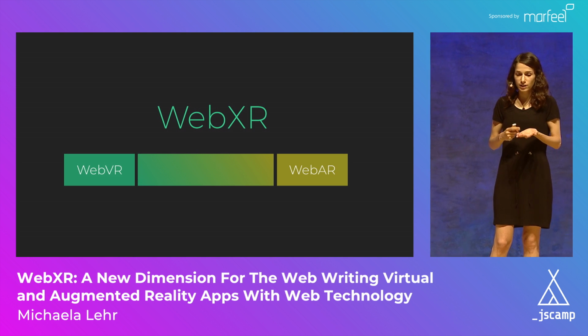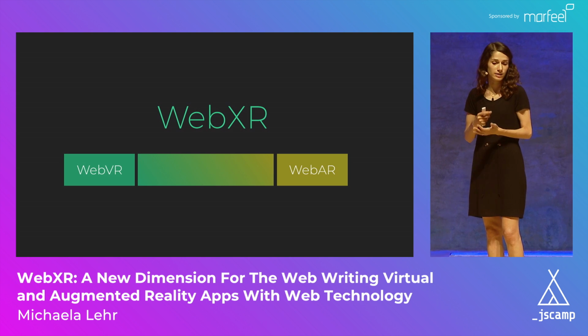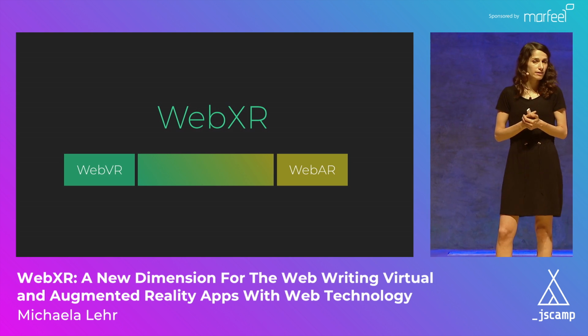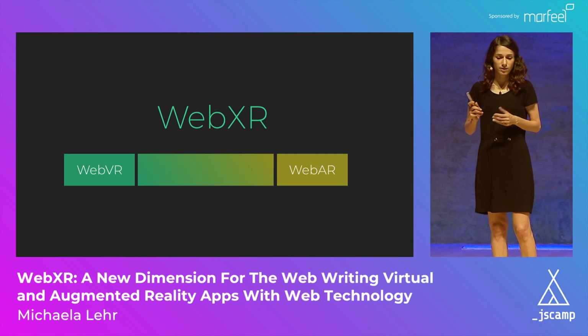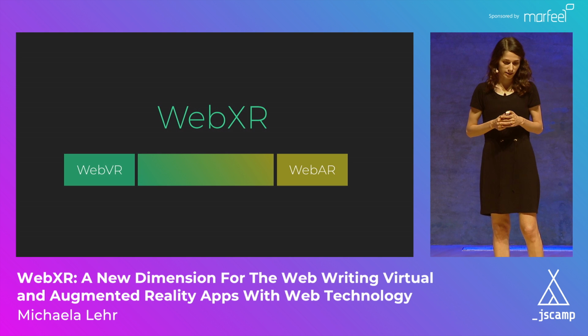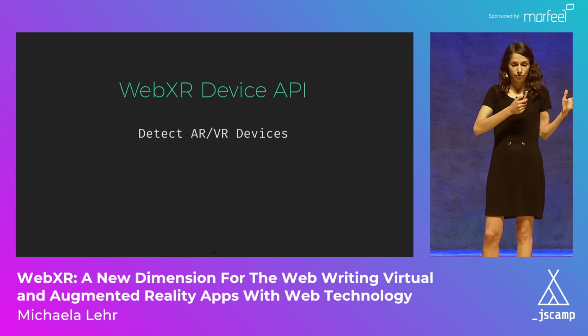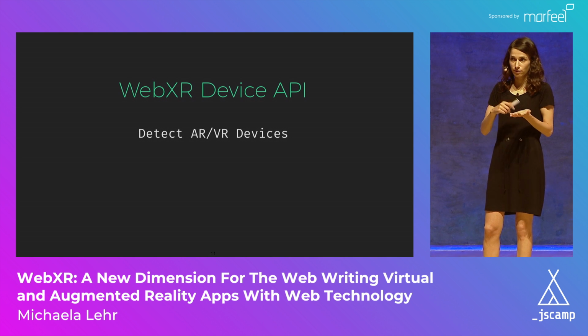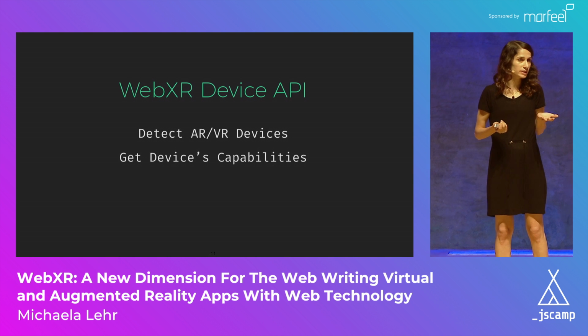But what we can do today is write virtual reality and augmented reality apps with JavaScript for the browser. And therefore, the W3C Immersive Web Community Group is working on this new API called the WebXR Device API. This API aims first to detect devices with virtual and augmented reality features and get their individual capabilities.